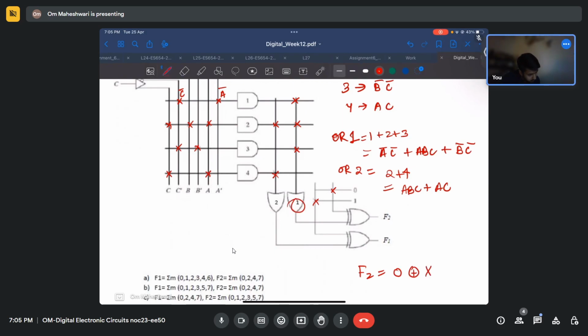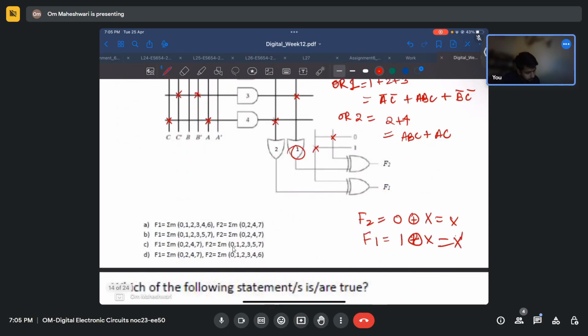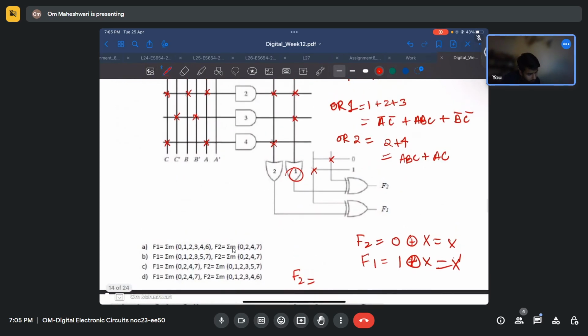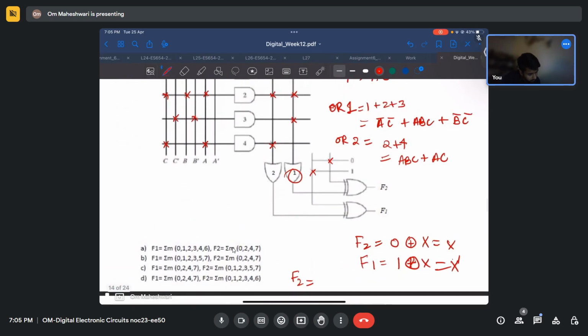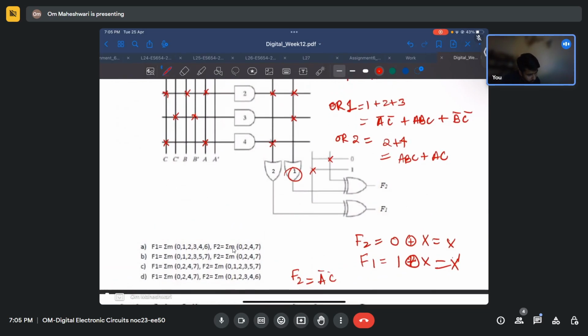So X XOR 0 will be X, and F1 is 1 XOR X, which will be X bar. So F2 will be A bar C bar plus ABC plus B bar C bar.